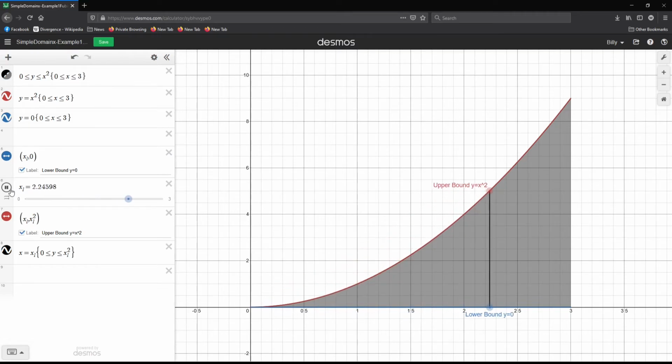So you see that there's this switching of the order of the bounds, what's upper versus what's lower, and also we have to consider how the new inner bound is a function of the outer bound. But you can clearly see that this is describing the exact same region of space, which is good because we need to integrate over this region. This problem wants us to integrate over this region under the parabola y equals x squared.